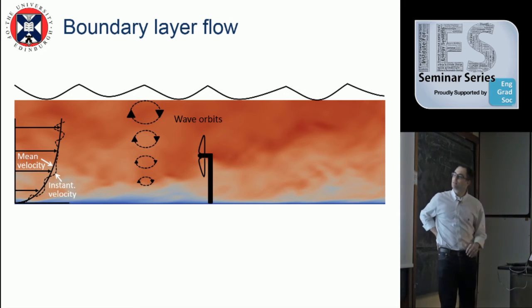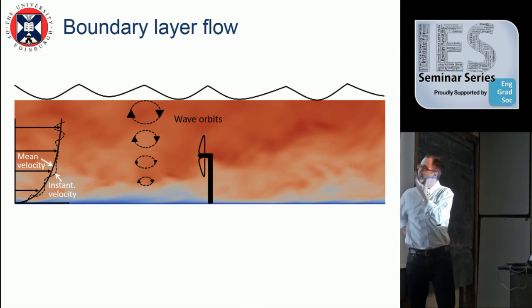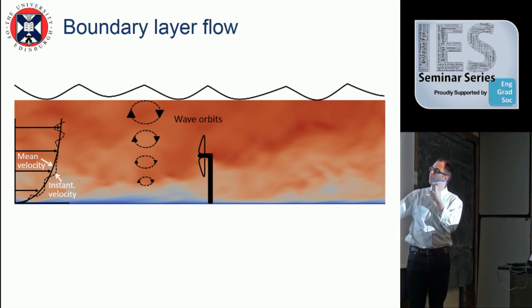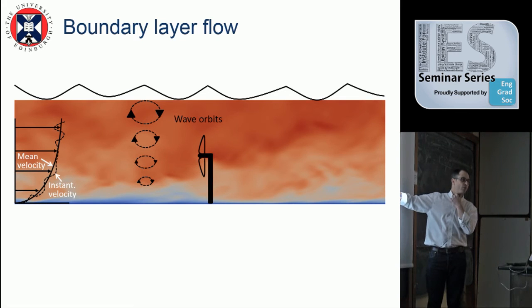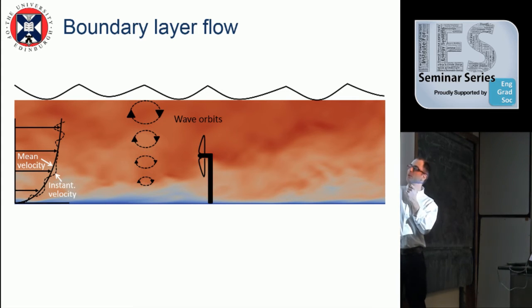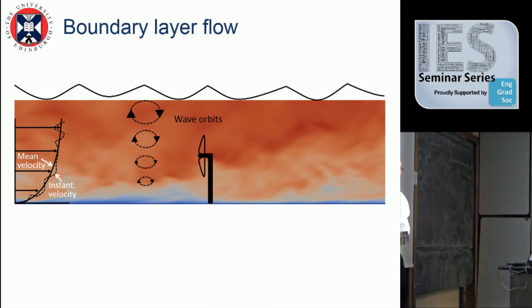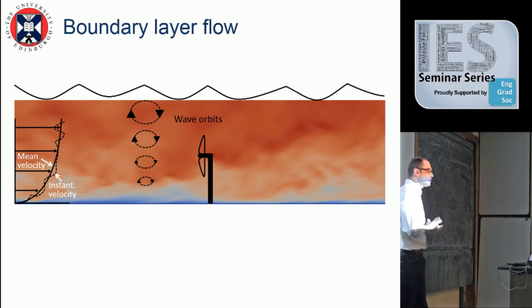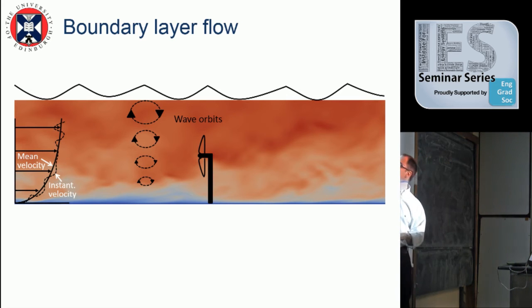Another aspect of this boundary layer flow that we're interested in is, if you forget about the sailing boats which was here, and we now think about what if this one was under the water, that if we have waves on top, there would be the superposition of vertical structures. These vertical structures are actually due to the wave.